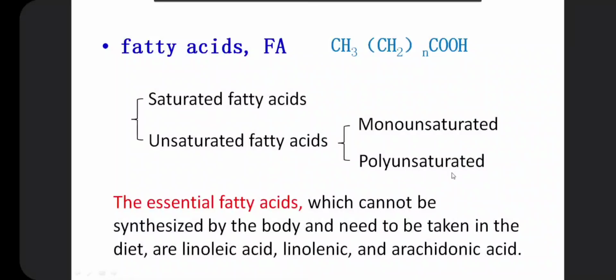The polyunsaturated fatty acids belong to the essential fatty acids. Here you should remember, an essential fatty acid means that this unsaturated fatty acid cannot be synthesized by the body and needs to be taken in the diet. The essential fatty acids include linoleic acid, linolenic acid, and arachidonic acid.